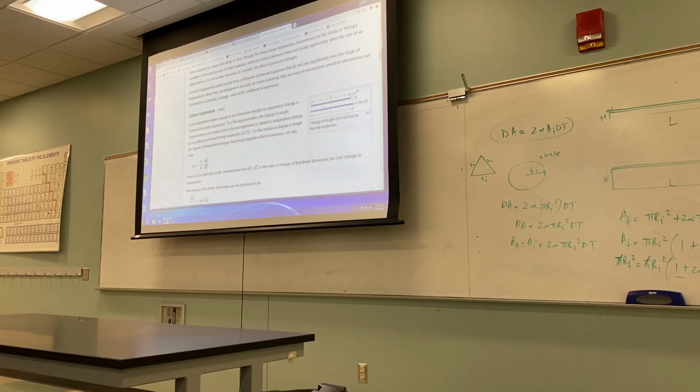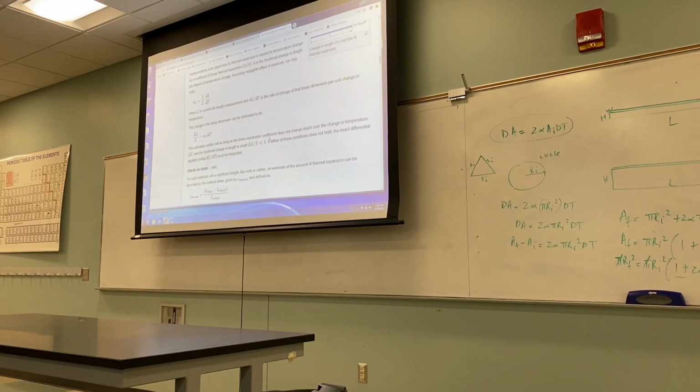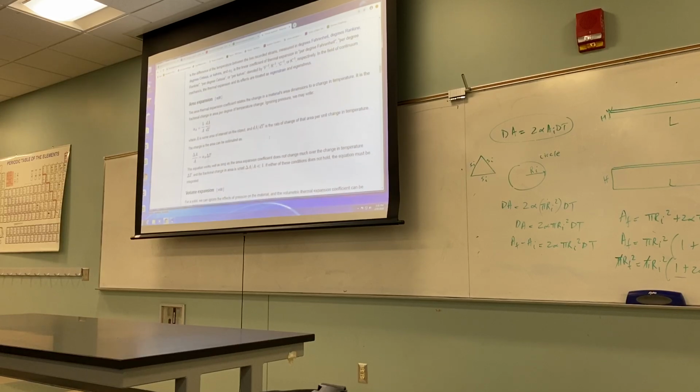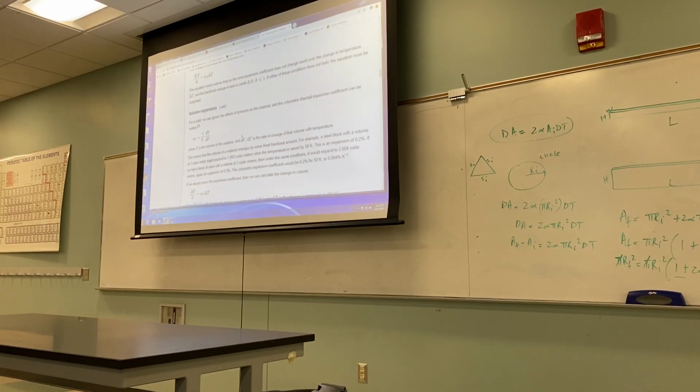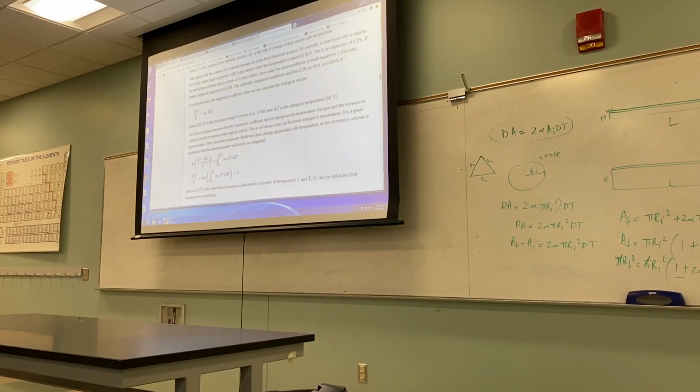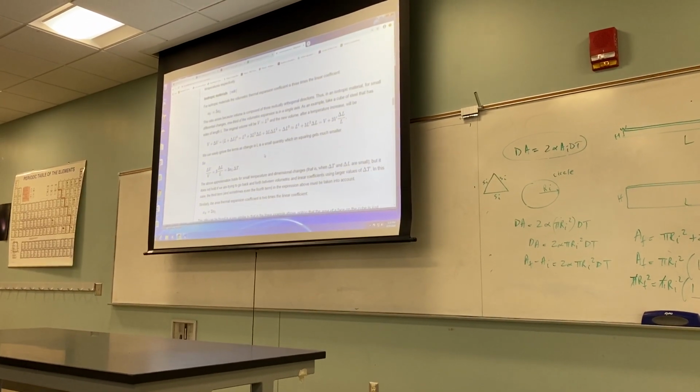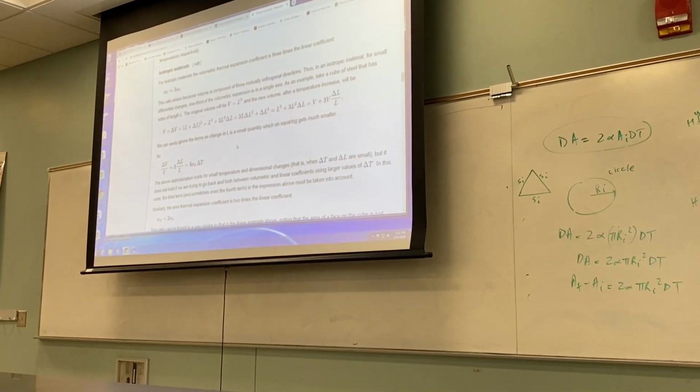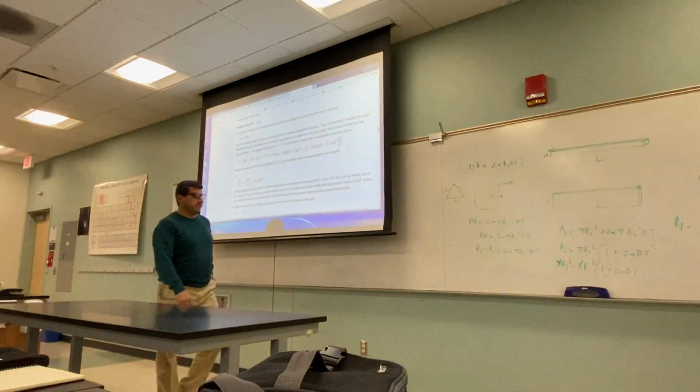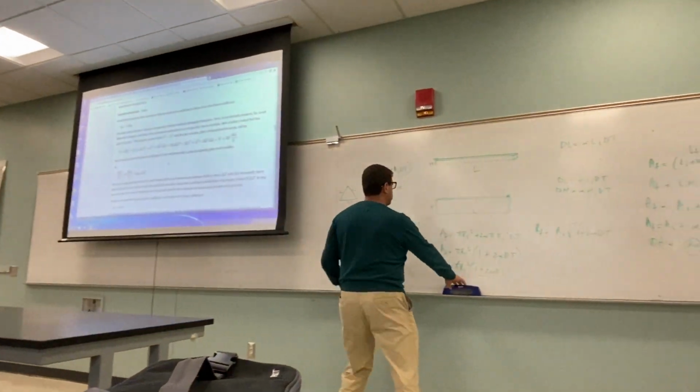Establish the fact that area, if it's two-dimensional, you get that factor of 2 for the alpha. Now, the next one to establish is how do you get the factor of 3? Okay, factor of 3 for volume.